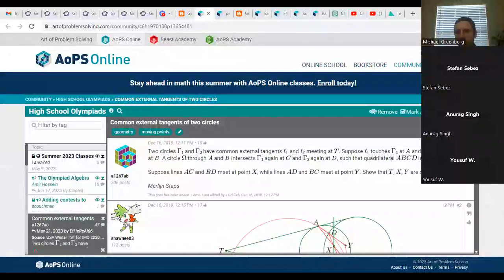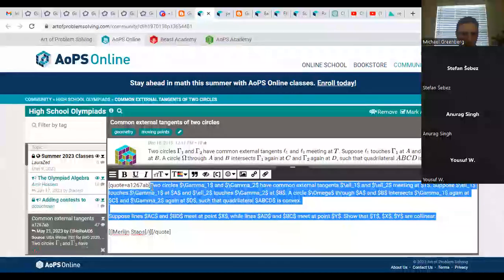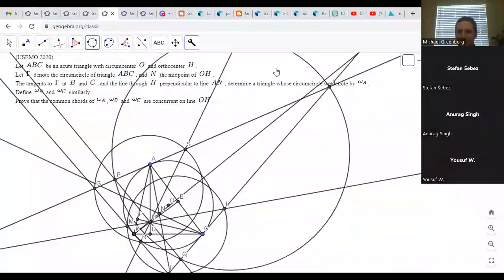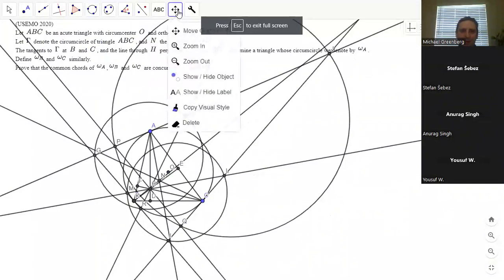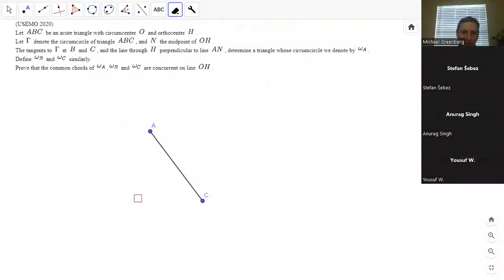Let's see. So I'm going to, let's take a look at this one. If you have solved it, I have another suggestion. If you have solved it. Yeah. I probably don't remember though. So let's see.